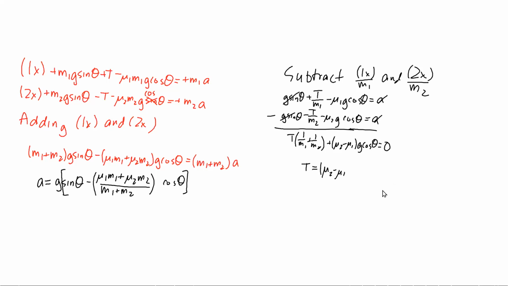It'll be mu2 minus mu1 times m1 m2 over (m1 plus m2) times g cosine theta. And actually, these signs flip. I have a mu2 minus mu1 here. Giving it to the other side will switch the directions of the signs. And so this result then should actually be mu1 minus mu2.